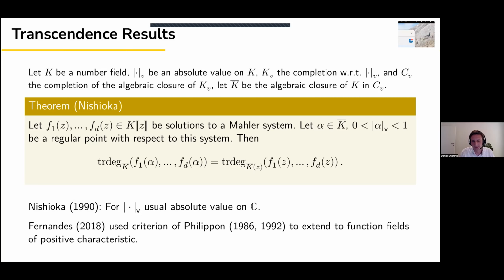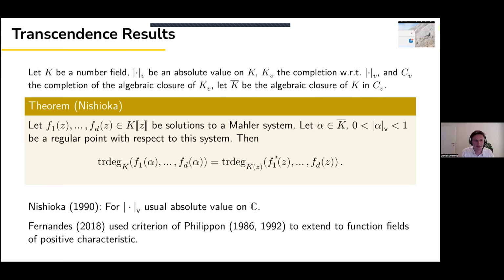So what this is saying is, if you have an algebraic dependence at the values of the functions at the point alpha, then it must already lift to some algebraic dependence on the power series themselves.